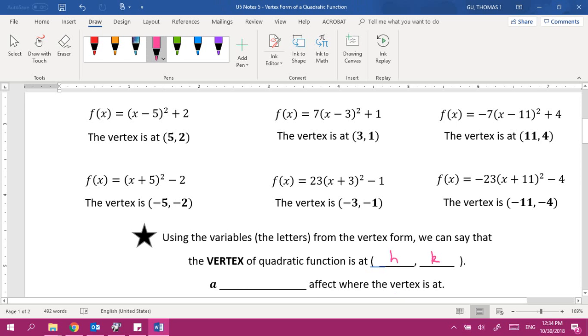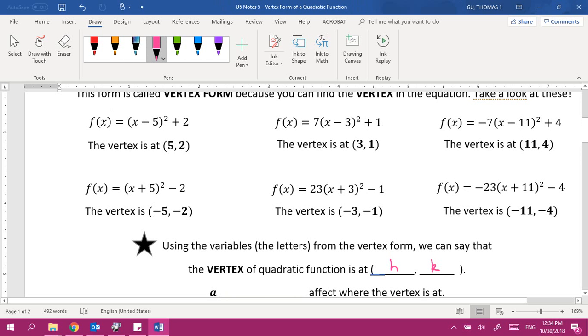It's going to be at h and k. Because if you look at this first example right here, f of x equals x minus 5 squared plus 2, what's h right here? It's 5. Because originally the equation is x minus h, right? So h is 5. And then k would be 2, right? And so the vertex is hk, 5, 2.